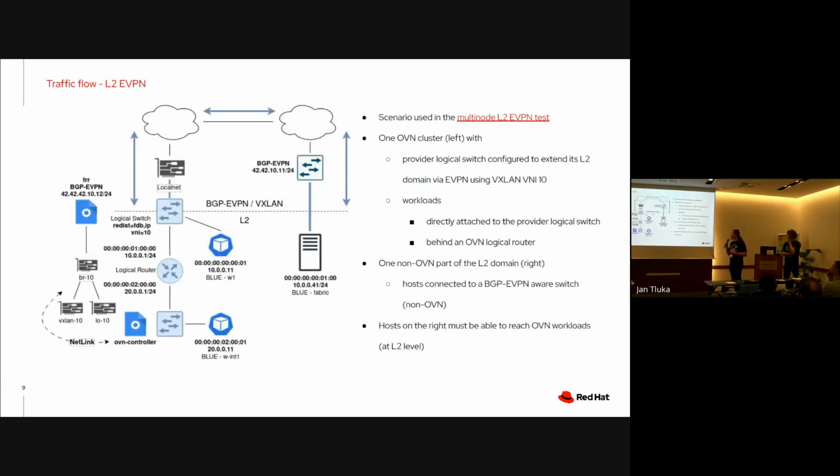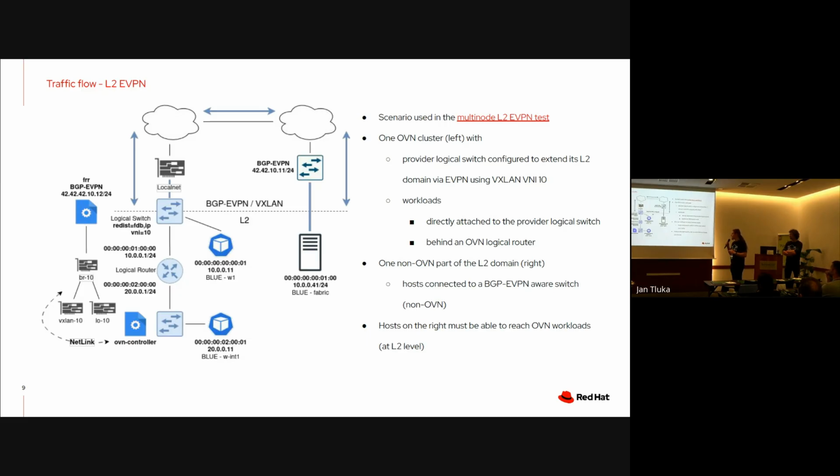Okay, so talking about the details, this is the topology that I will use to describe what is actually happening. As you can see, on the right we have a host without OVN with one workload that is running FRR with BGP and EVPN advertisement.